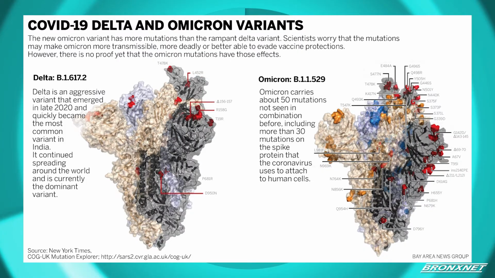So Delta about twice as infectious as the original strain, Omicron maybe about twice as infectious as Delta. And so what we're seeing over the last several weeks, first in South Africa, then in parts of Europe like London, right, and now here throughout the United States, is we're seeing Omicron displace Delta and become the dominant strain.